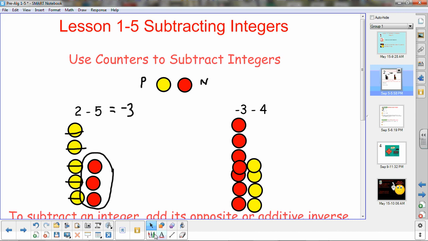Now I'm going to go ahead and take away 4 positives, and I'm left with 1, 2, 3, 4, 5, 6, 7, negative 7.